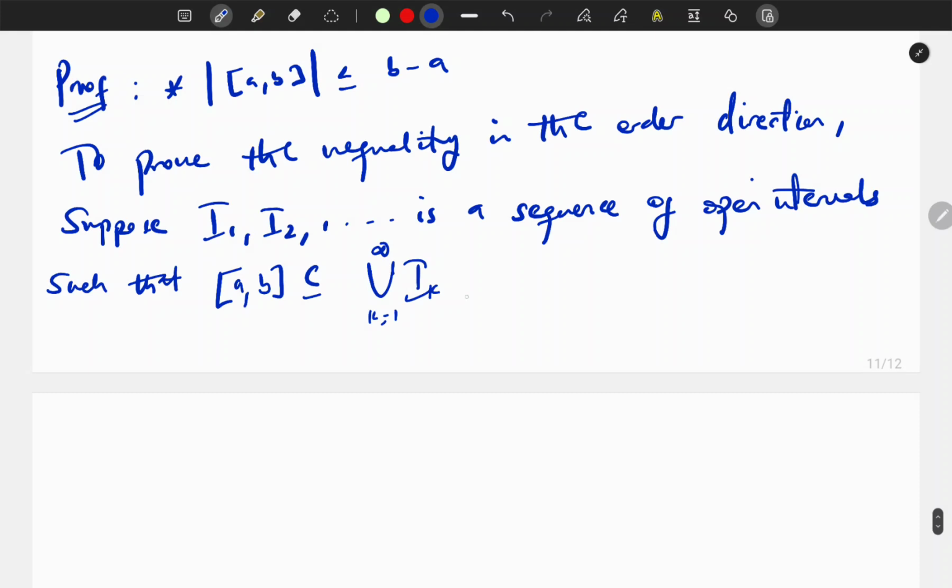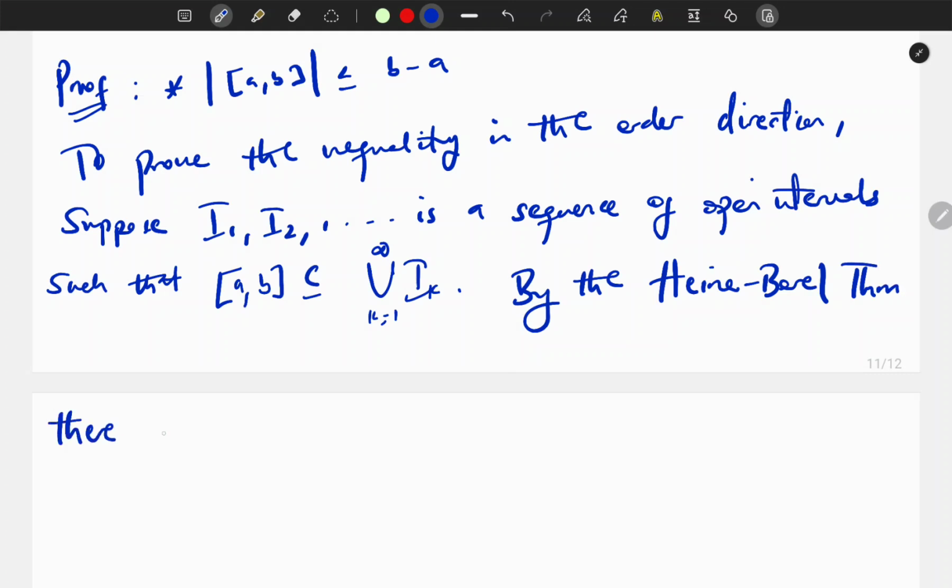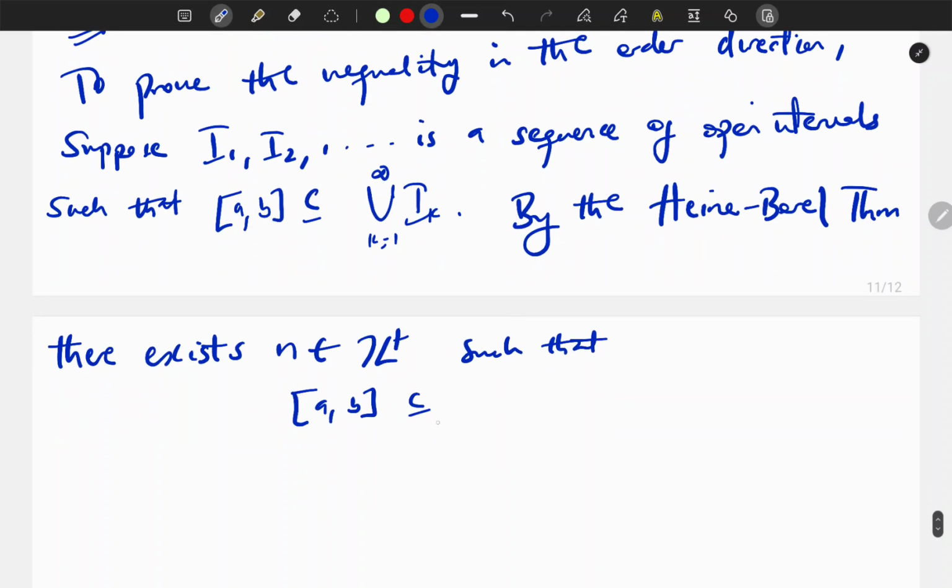Okay, so by the theorem we just proved, by the Heine Borel theorem, there exists a finite subcover such that a comma b is a subset of I1 union I2 dot dot union In.